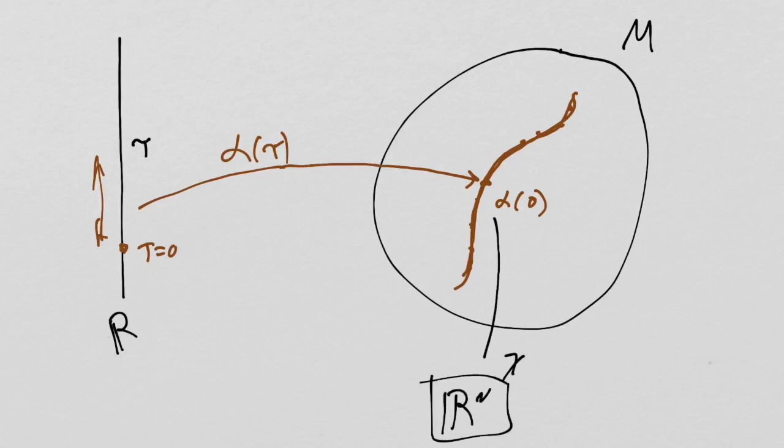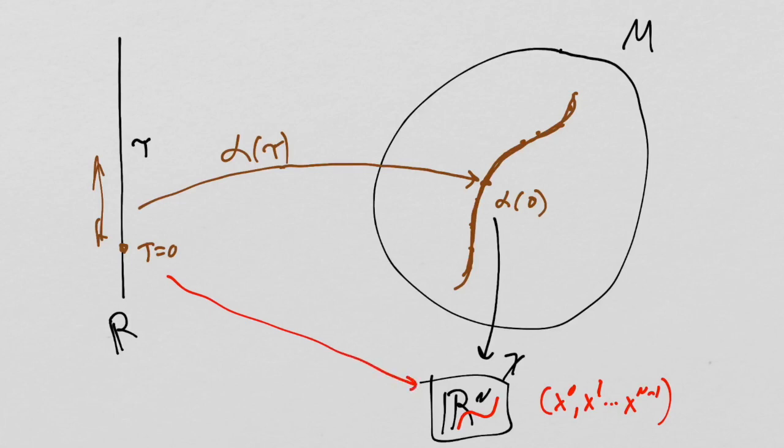So now this curve is actually a curve, I'll do it in red, in Rn, and every point on that curve is defined by its coordinates x0, x1, all the way up to xn minus 1. So I can now create a function that goes from R into the coordinate space, and that is going to be called x after alpha.